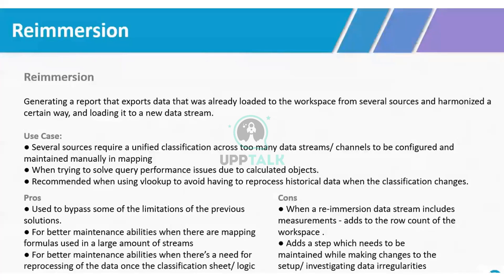In re-emergence, what we are doing is pulling data out of Datorama by means of a report. In that report, we take out all the dimensions and metrics that are important to us from our Facebook data streams. Now, 100 data streams are there definitely.